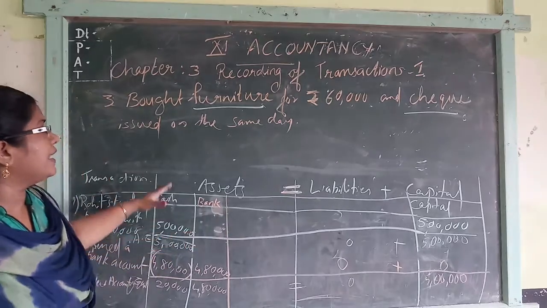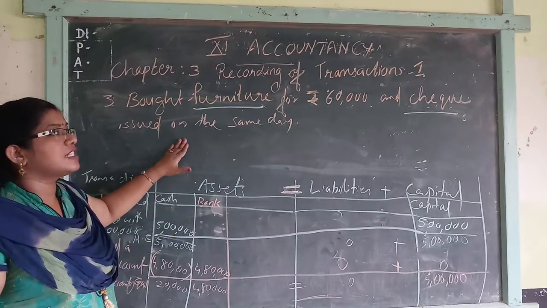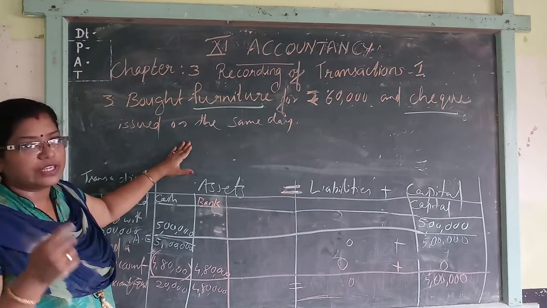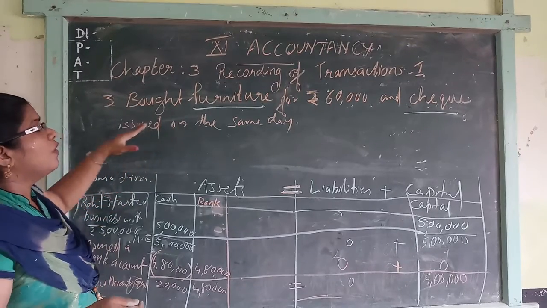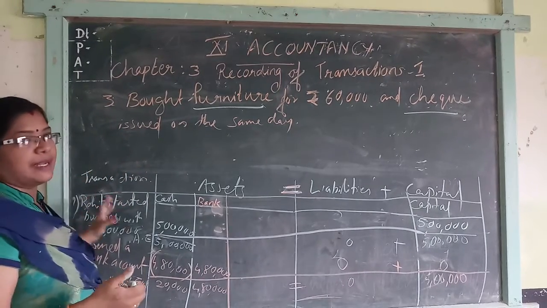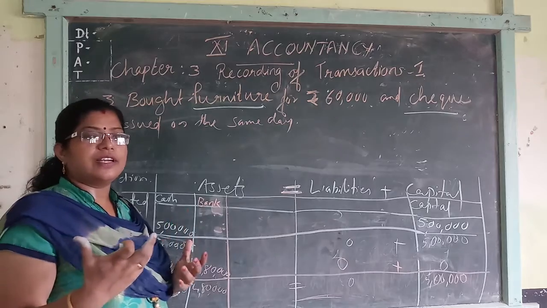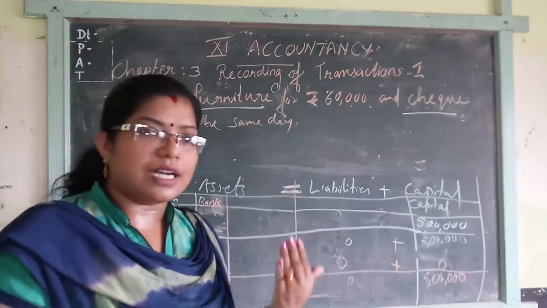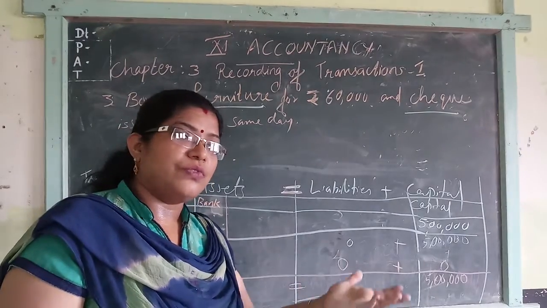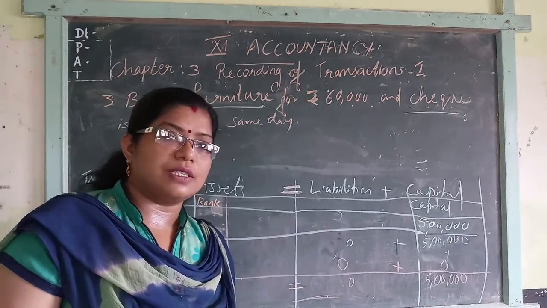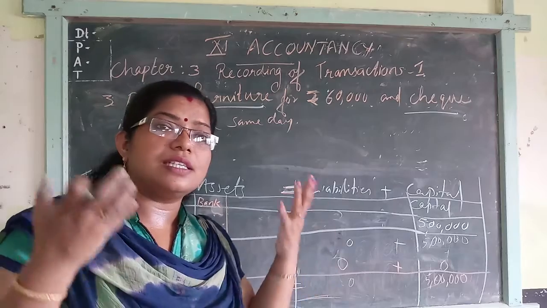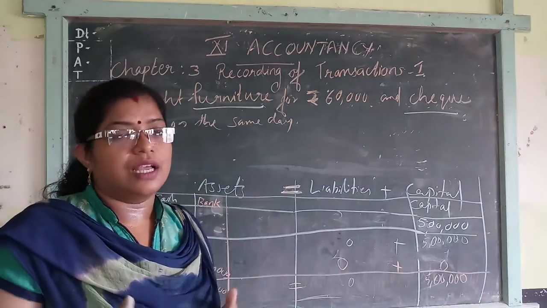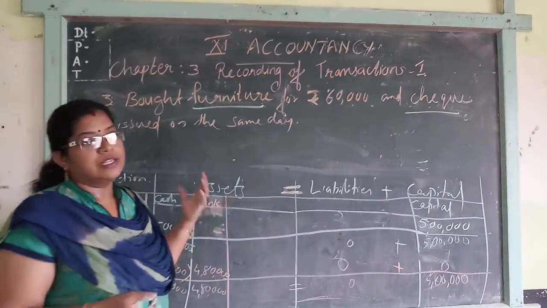So definitely, how many effects are here? Two-fold effects only. One is at furniture purchasing time. You purchase the furniture; from the business point of view, does furniture come in or go out? Furniture comes into the business. So an asset is increased in your business. Furniture is our asset, isn't it? We use it for a long period.